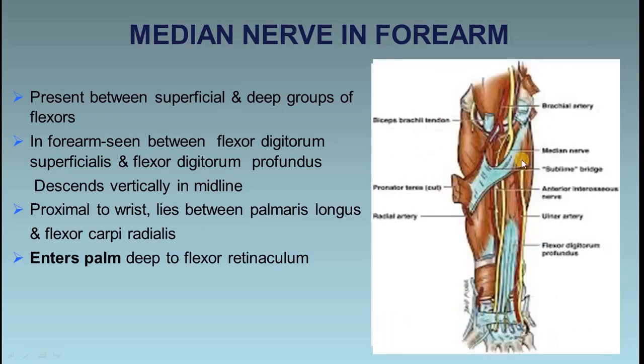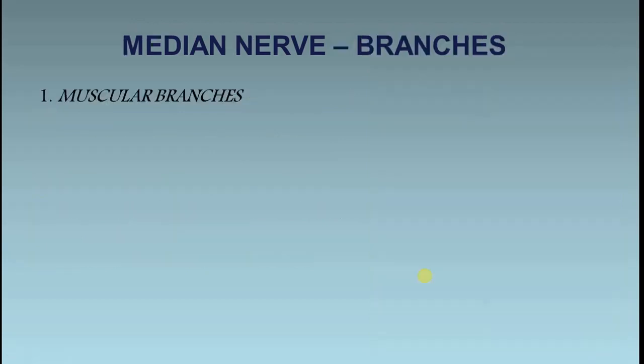Now the superficialis muscle has been removed, and you are able to see the course of the median nerve between the superficialis and profundus tendon. In the lower part of the forearm it comes somewhat near the surface, between the tendon of palmaris longus and flexor carpi radialis, to pass deep to the flexor retinaculum of the wrist.